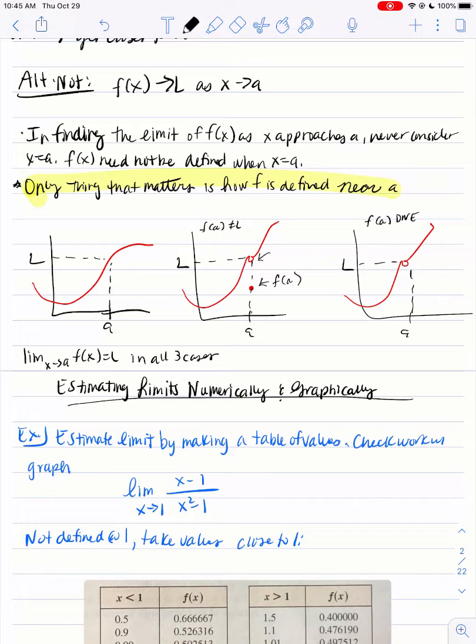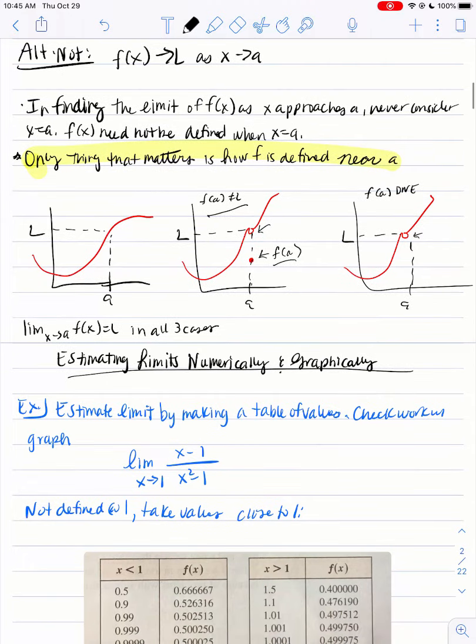So f of a doesn't equal L, but our limit is over here and not this point. And then here, our f of a doesn't even exist. So we don't have an f of a, but our limit is here. In all three cases, the limit as x approaches a of f of x equals L.